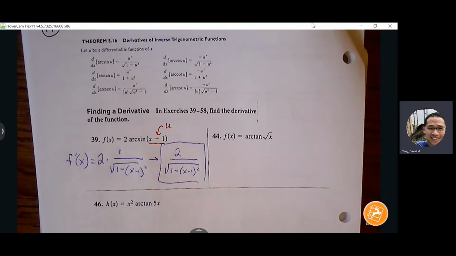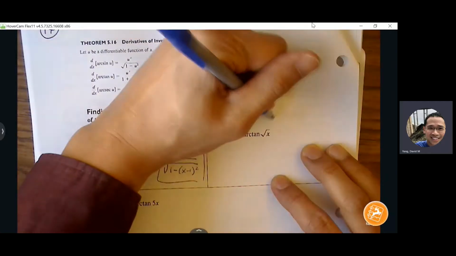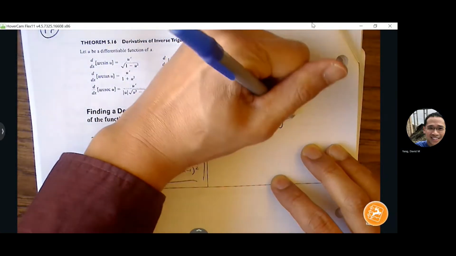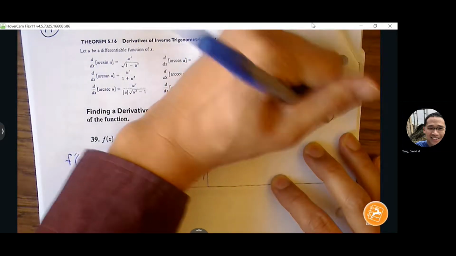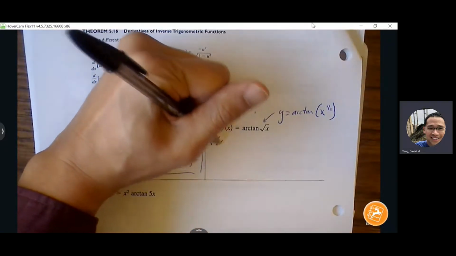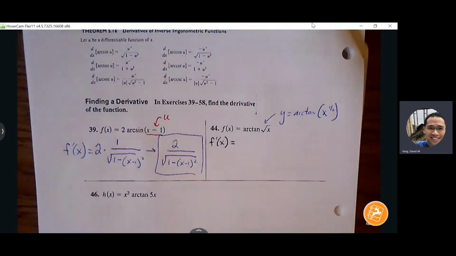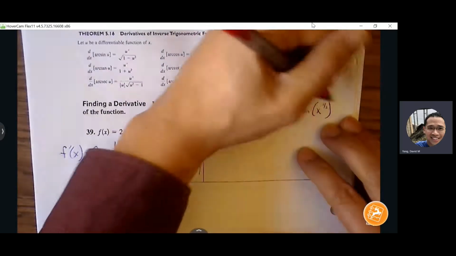Okay, number 44, just have to rewrite that square root of x to get it ready for power rule, right? Then you can move on to that u prime. Go to power rule for that u value.